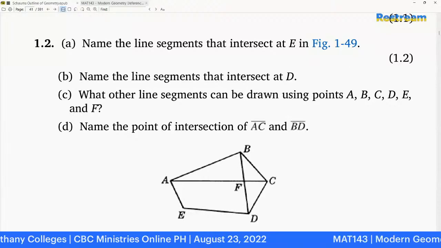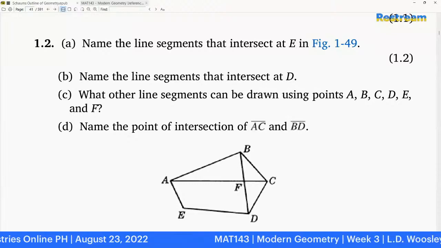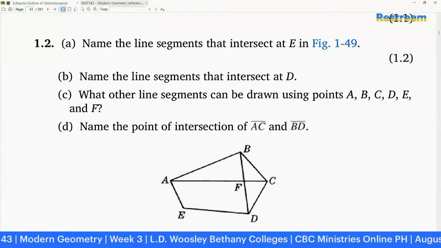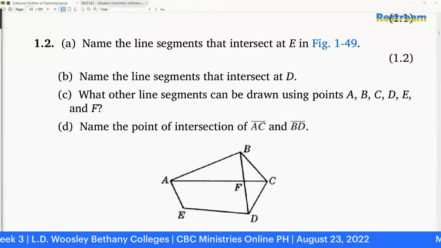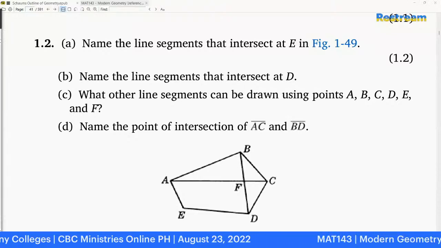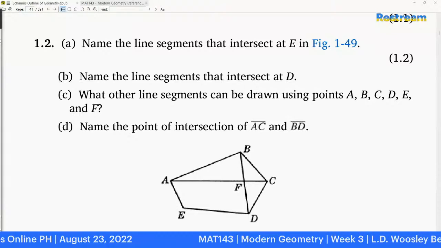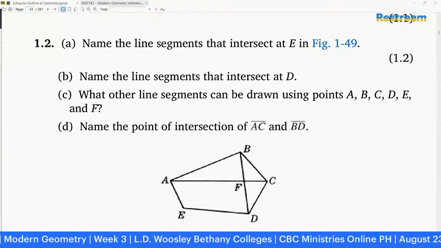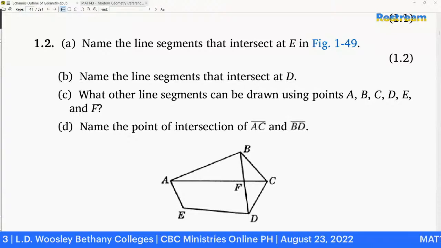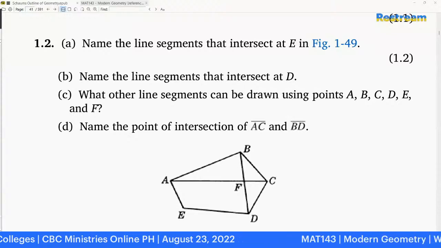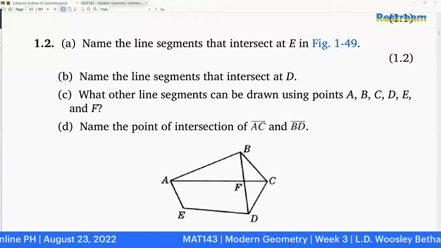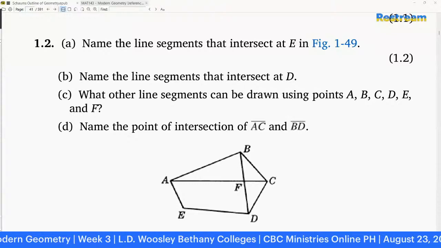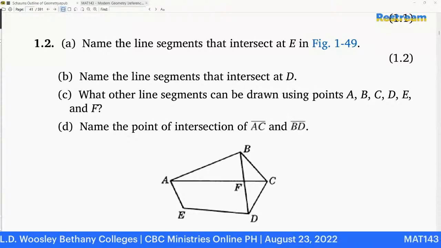Alright, so again, Micaela, name the line segment that intersects at E in figure 1.49. Dalawa lang naman siya. Line segment AE, tsaka po, line segment ED. Correct. Next, Gillian, name the line segments that intersect D. Line segment DE, line segment DF, and line segment CD.